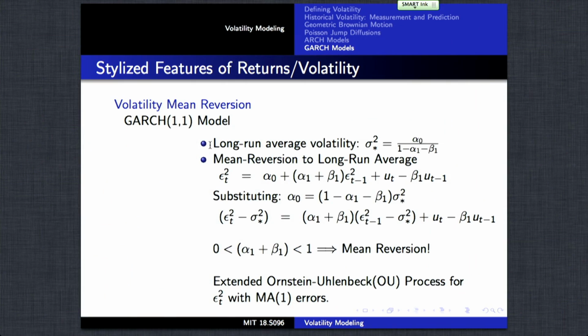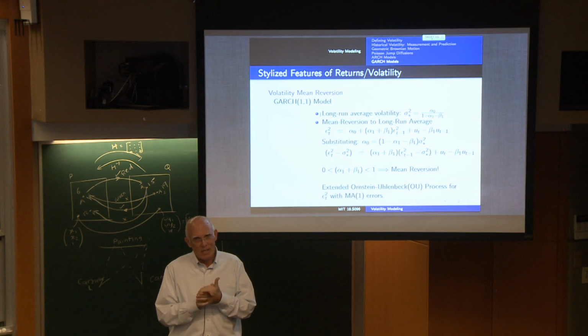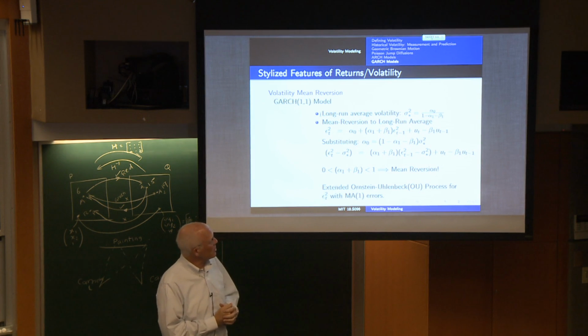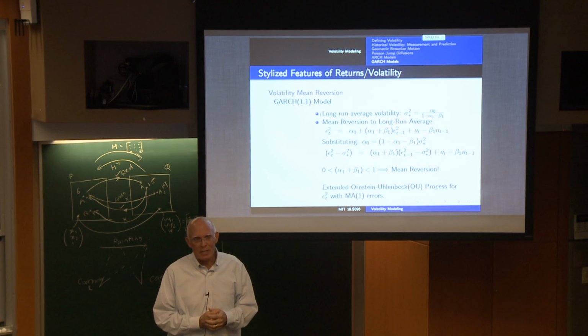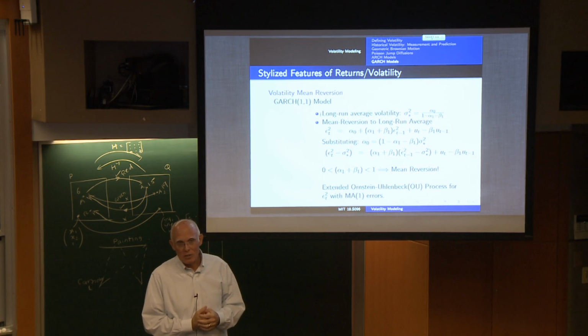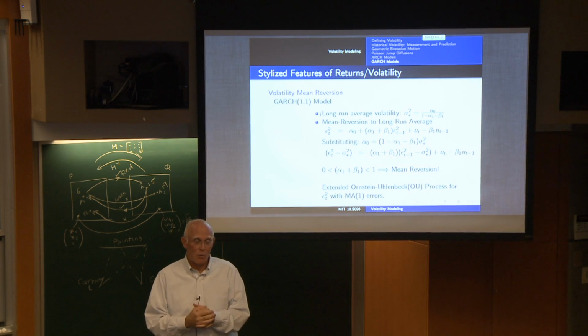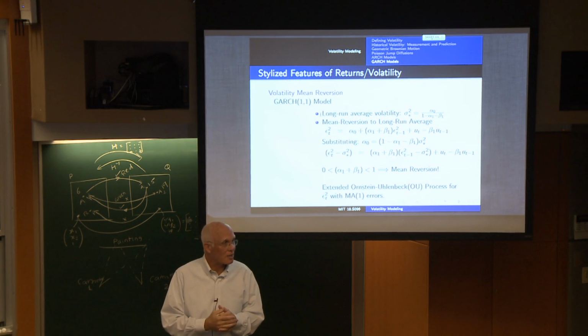Now, a property of these models that may be obvious, perhaps, is that these are models that are appropriate for modeling covariance stationary time series. So the volatility measure, which is a measure of the squared excess return, is basically a covariance stationary process. What does that mean? That means it's going to have a long-term mean. So with these GARCH models that are covariance stationary, there's going to be a long-term mean of the GARCH process.